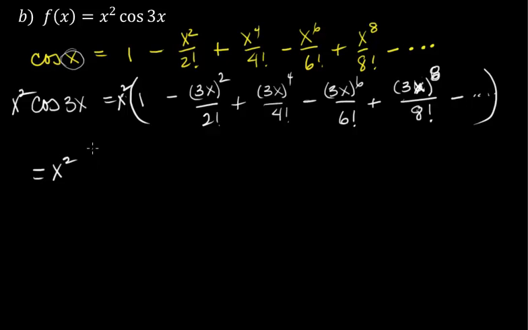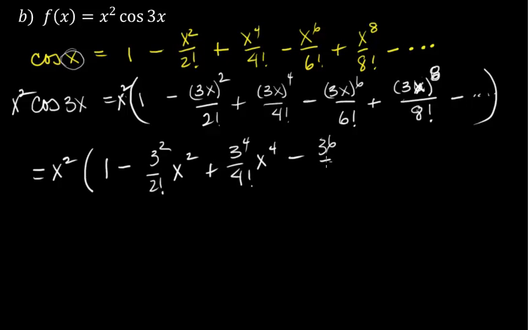This is equal to x squared times 1 minus 3 squared over 2 factorial times x squared plus 3 to the 4th over 4 factorial times x to the 4th minus 3 to the 6th over 6 factorial times x to the 6th plus 3 to the 8th over 8 factorial x to the 8th minus.